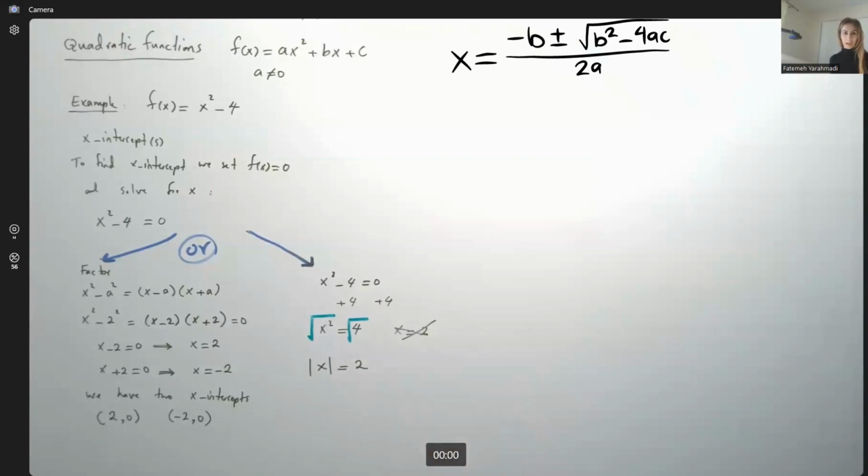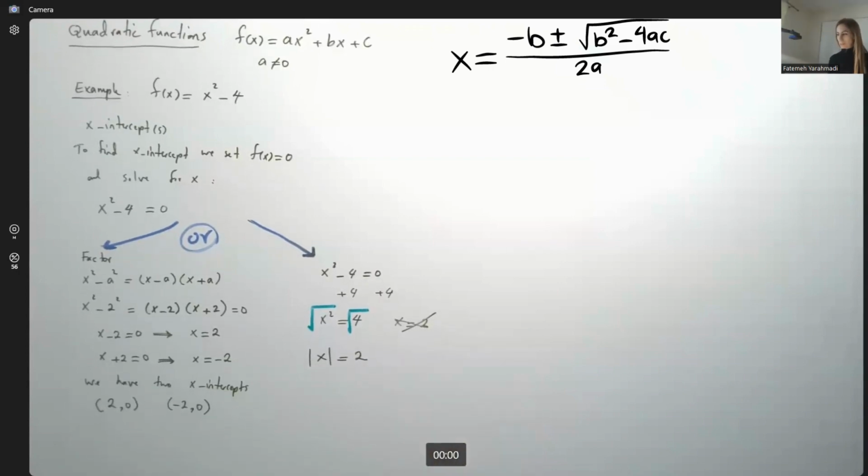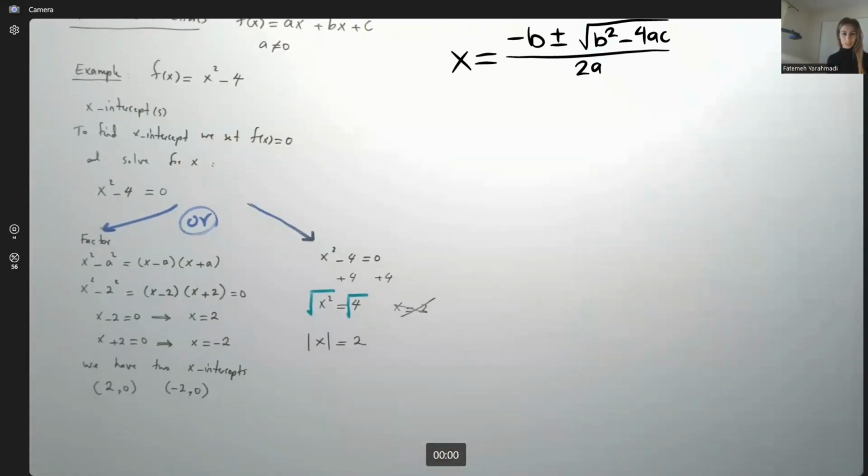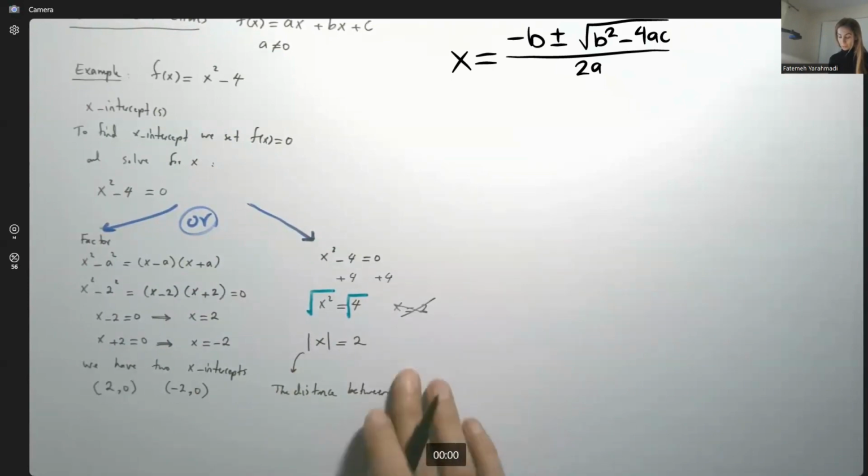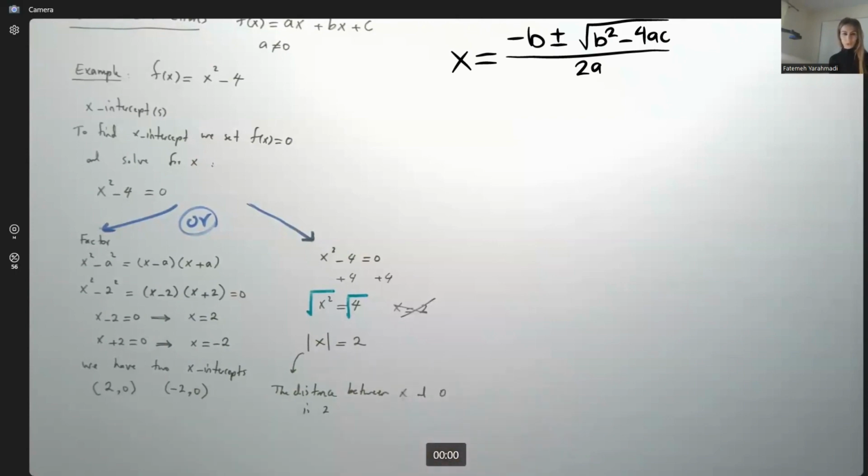That's the definition of absolute value, as you remember. So let's delve into detail. This says the distance between x and 0 is 2.